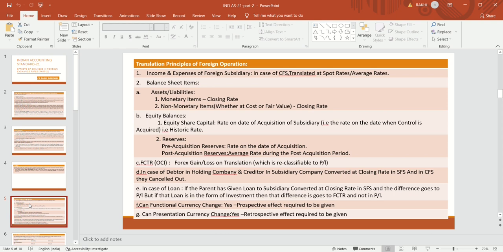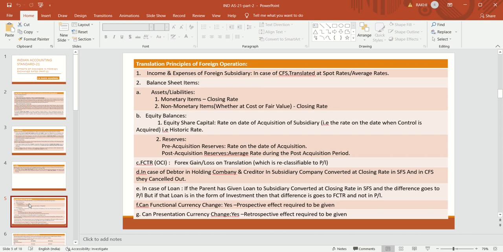If that investment is translated at the foreign exchange rate, the difference which arises goes to the FCTR and not to the P&L.